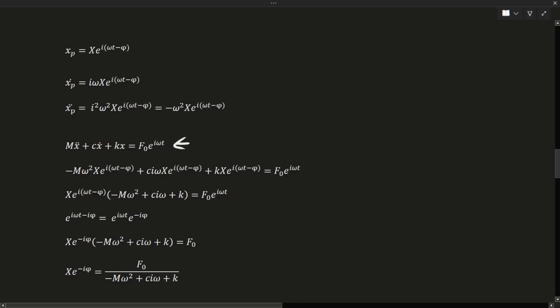So over here, they just picked up the first, second, and 0th derivative, and replaced the numbers over here. And then they factorize out your e to the power of i omega t. So you're left with this.